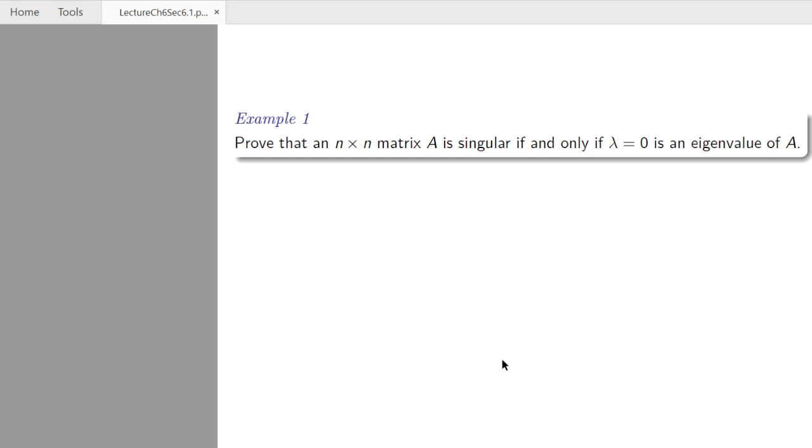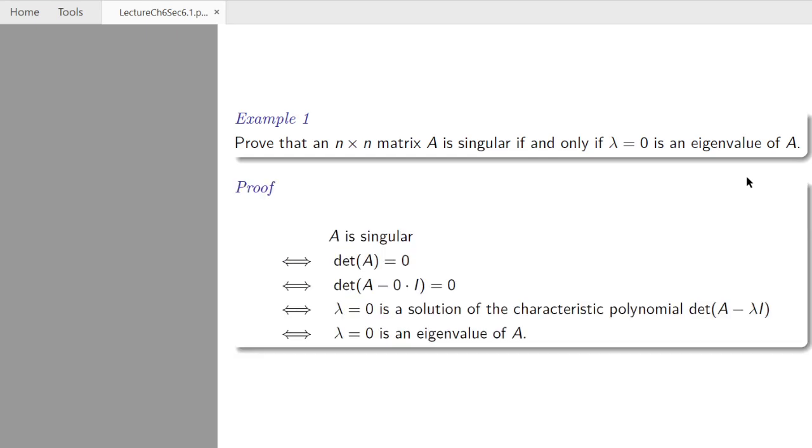Example 1. Prove that an n by n matrix A is singular if and only if lambda equals 0 is an eigenvalue of the matrix A. The proof here is simple, just by the definition.